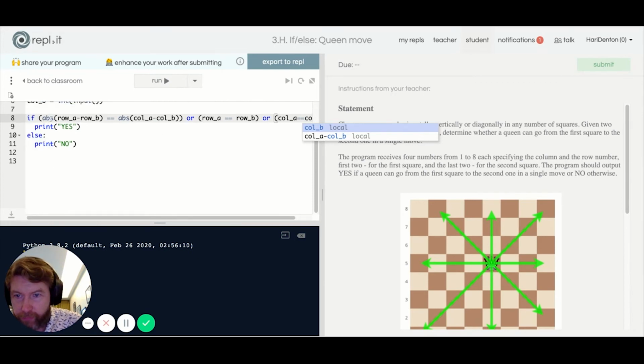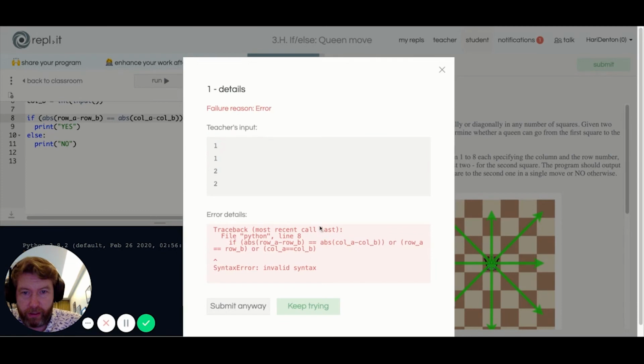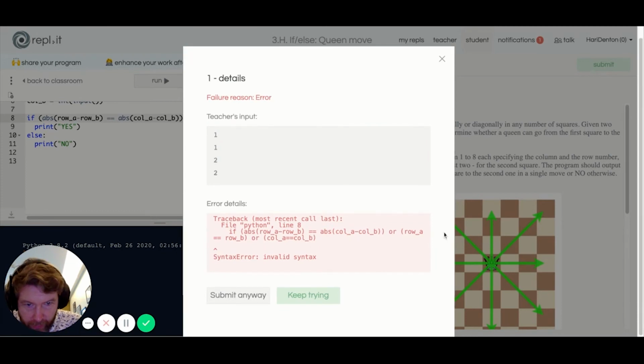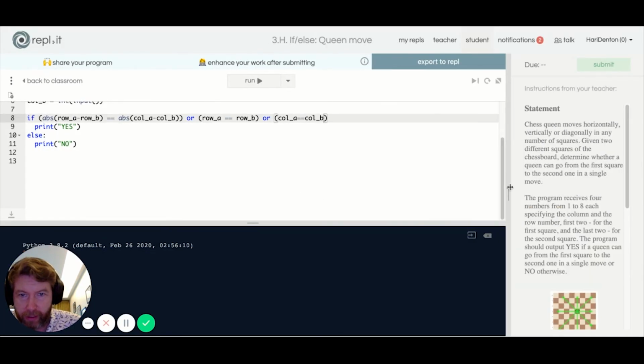On line 8. Okay, what's the problem? It's probably something to do with brackets. Ah, yeah, there's no semicolon. What a goof. Okay, that just looks like a glitch actually.